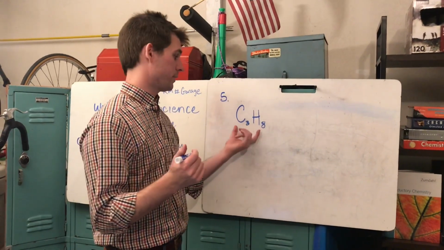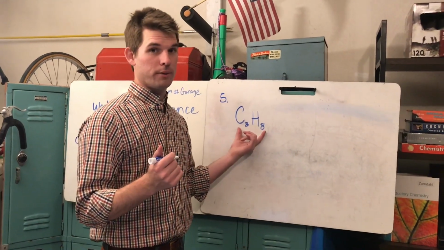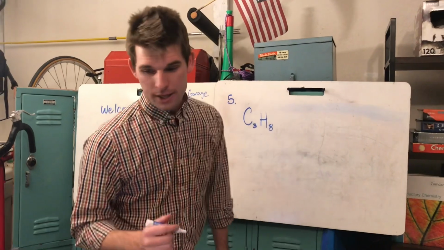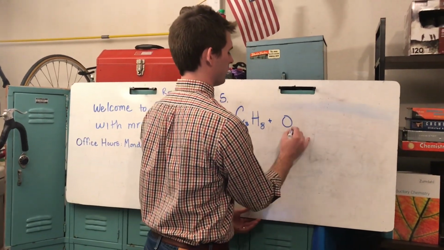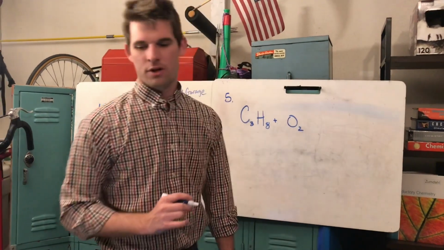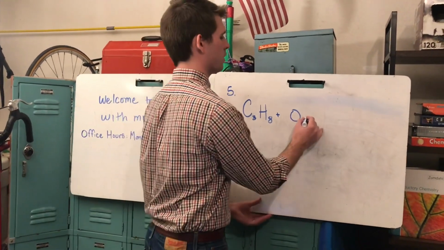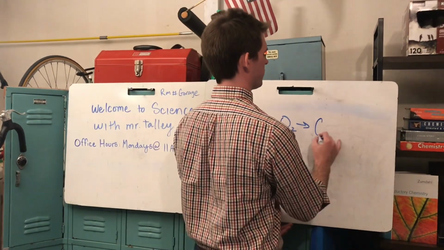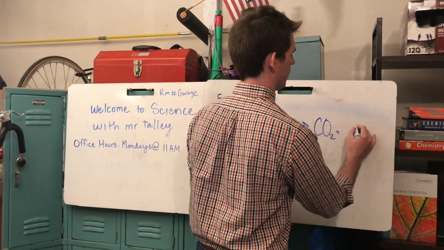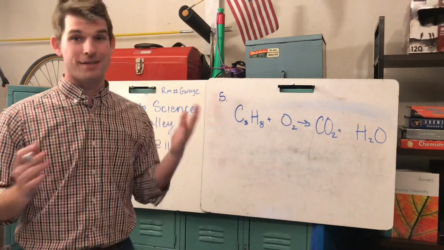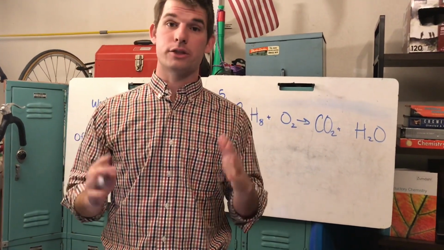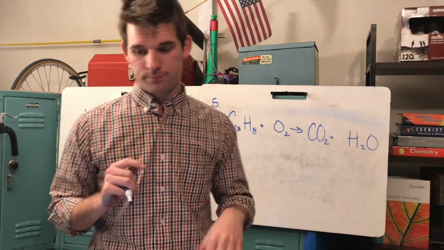I can already tell because it's a hydrocarbon, right? Carbons and hydrogens. And guess what the next reactant is? Yeah, good job. You guessed it, Braden. It's oxygen. All right. It's going to produce, well, it always produces CO2 and water. Okay, but it's not balanced. And we're looking at a combustion reaction, so most of the time, they're really tricky.